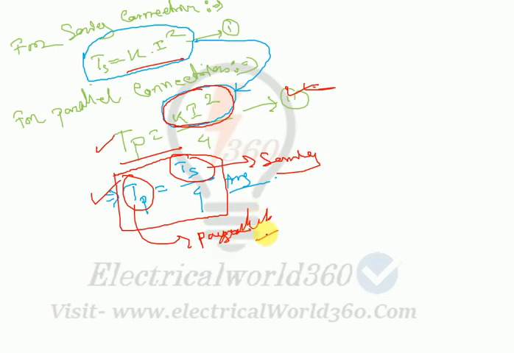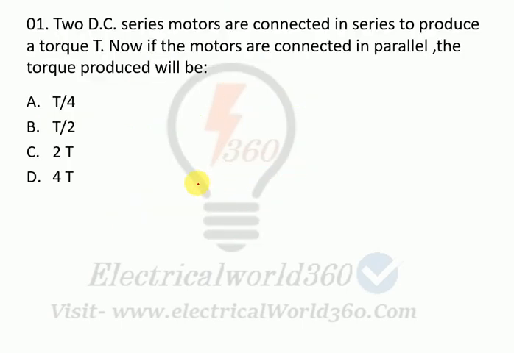So in the question, option A is the right answer, T by 4.